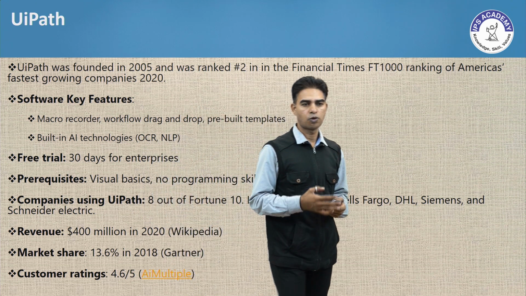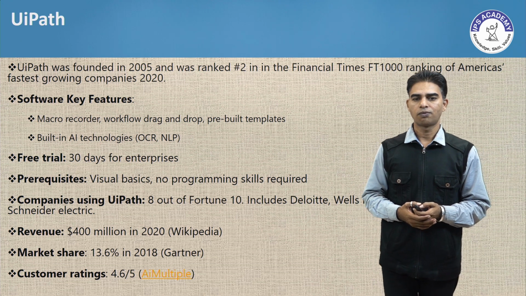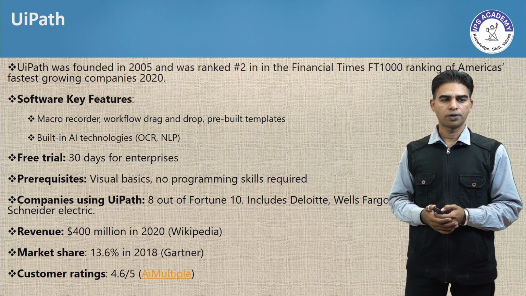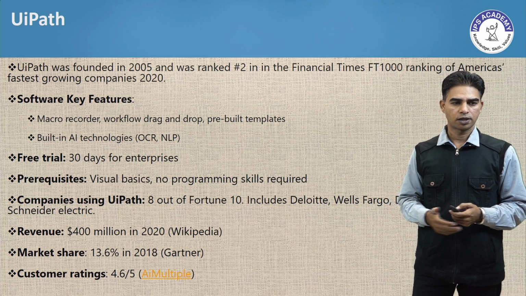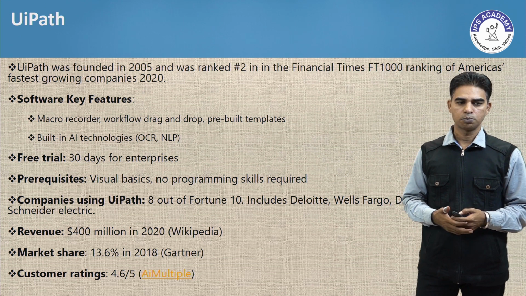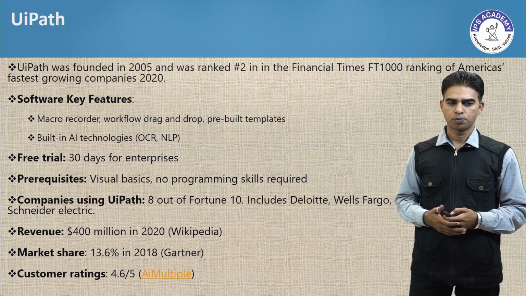UiPath was founded in 2005 and was ranked second by the Financial Times, and it is a very fast growing company. Its key features include the micro recorder, workflow, drag and drop, pre-built templates, and built-in AI technology, OCR and NLP, that is optical character recognition and natural language processing.